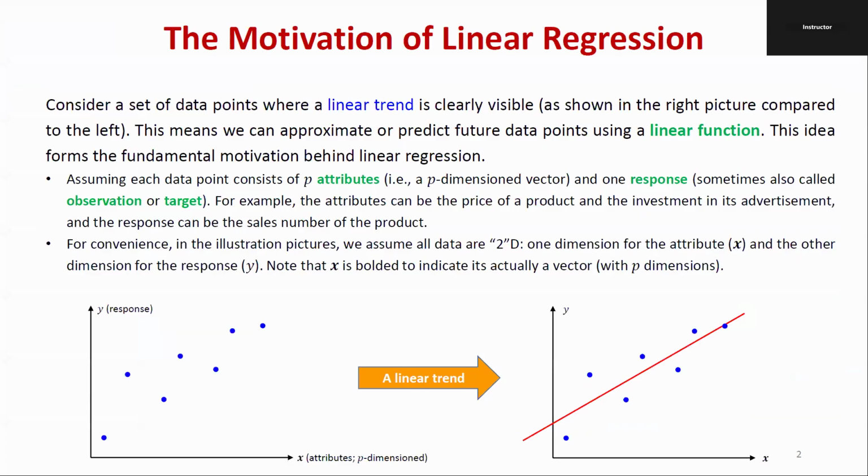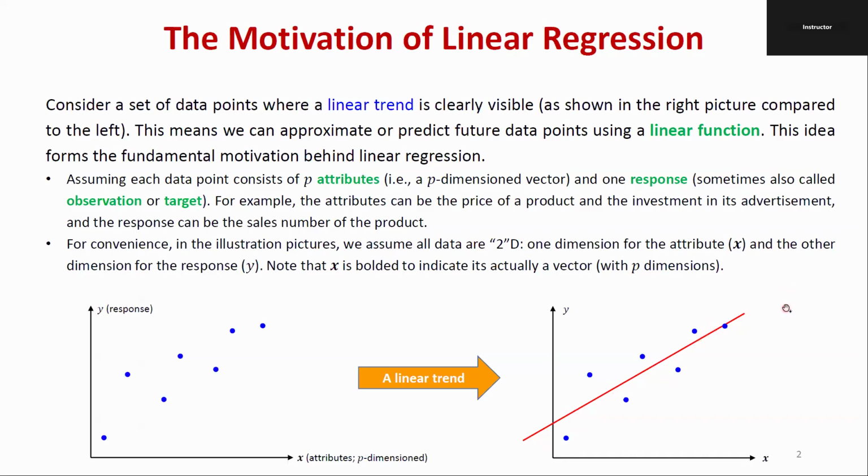First of all is the motivation of linear regression. For example, if you have seen data like this, we can say it has somewhat of a linear trend. The point is that I want to use a function, let's say a linear function, to tell the trend.